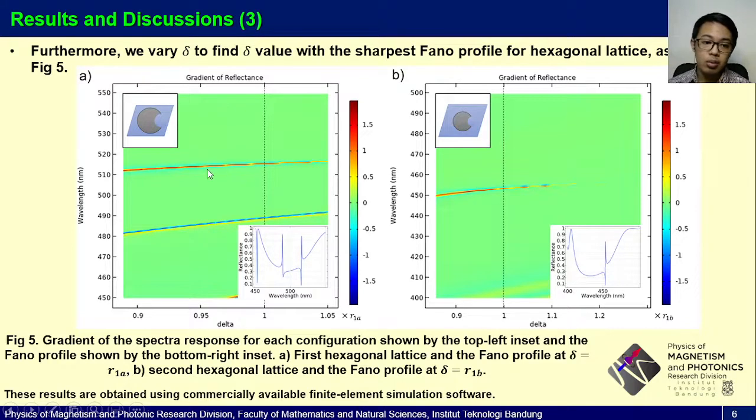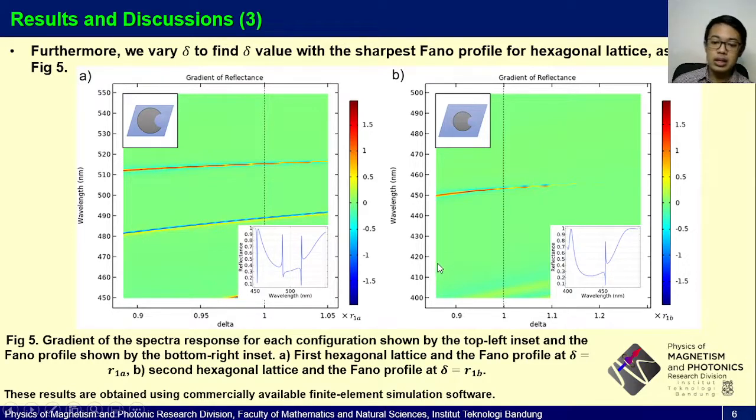Furthermore, we vary delta to find delta value with the sharpest Fano profile for hexagonal lattice in this slide, as shown in this figure. The top inset is the structure and the bottom inset is the Fano profile at a certain delta, shown by the black dot line here.